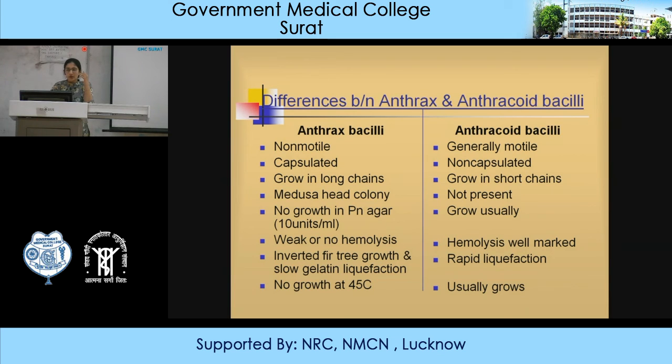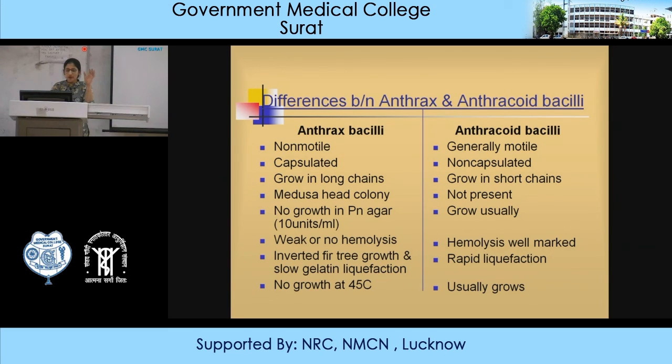They grow in a long chain, as I said earlier, and I have shown you a picture of this long chain, the bamboo stick appearance of the bacilli. They grow in a short chain in the case of anthracoid bacilli. The medusa head type of colony is present in anthrax. There is no growth on penicillin agar, while anthracoid bacilli can easily grow on penicillin agar.